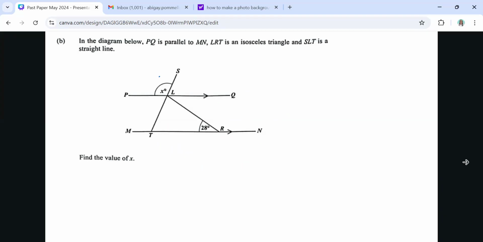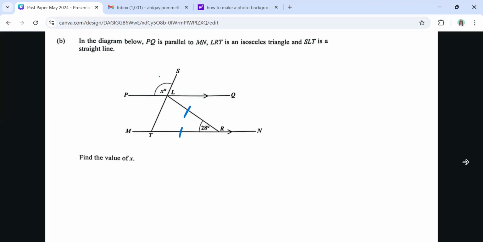All right. So what we're gonna do now, so they say it's an isosceles triangle. So isosceles means the two sides are equal. LRT. Yes, the two sides are equal.